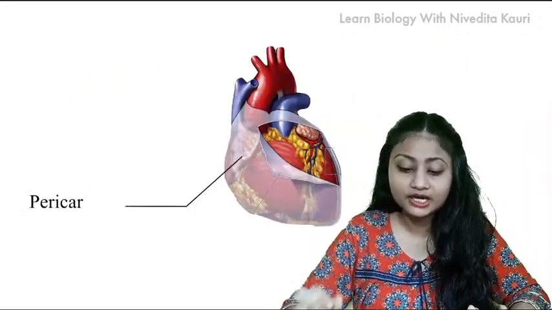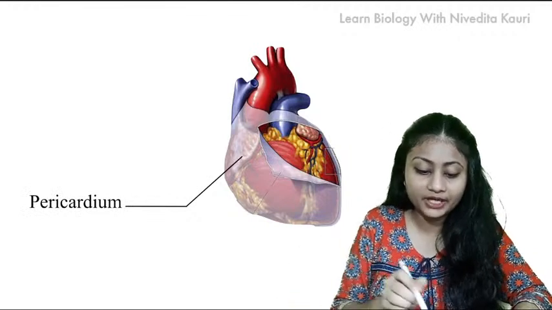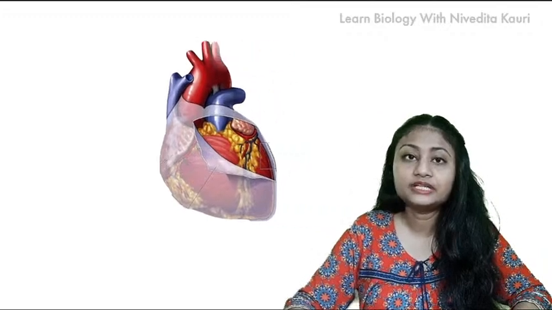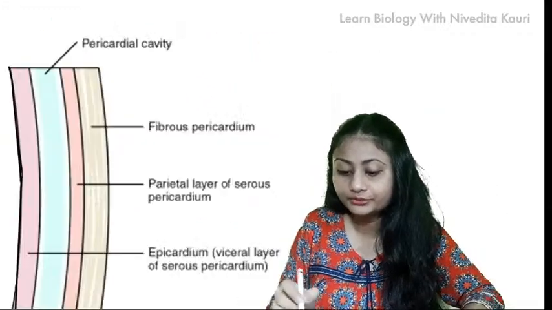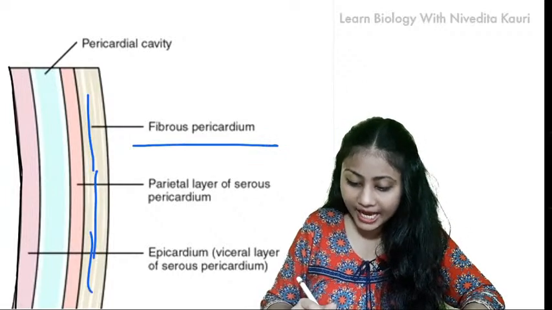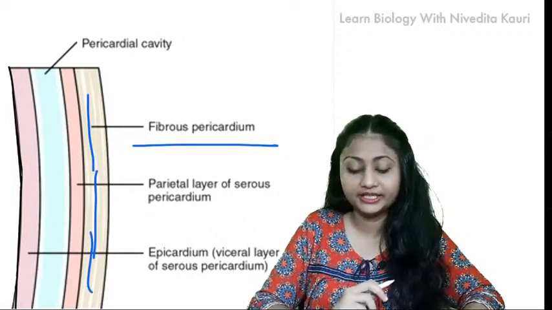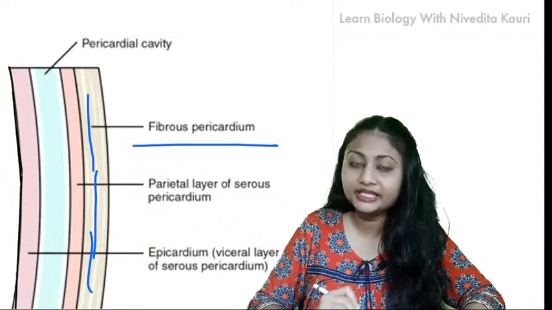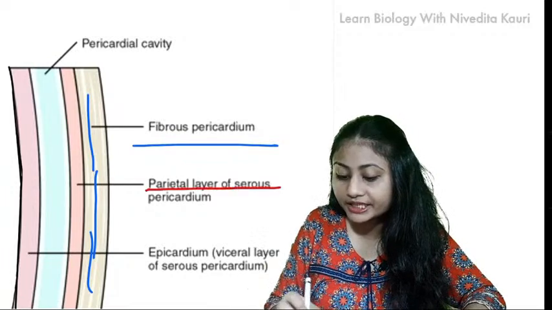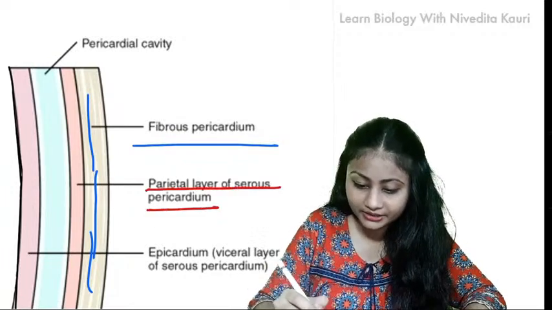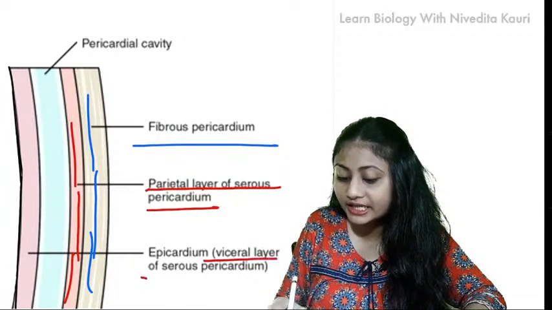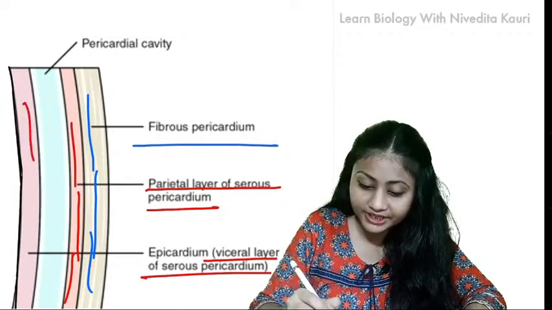It has got a protective covering, the pericardium. The pericardium has two layers, outer fibrous pericardium, and inner serous pericardium. The serous pericardium again has two layers. The outer layer is the parietal layer, and the inner layer is the visceral layer.